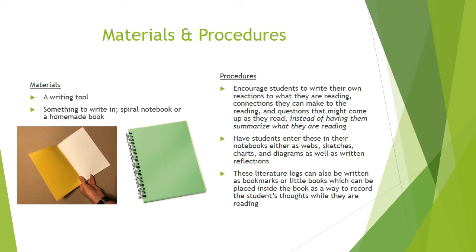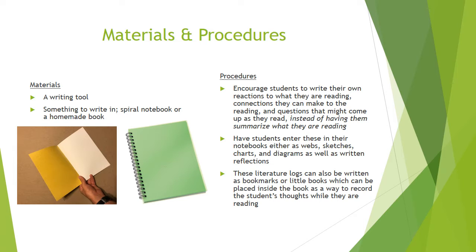So the materials and procedures for this strategy are as follows. You will need a writing tool, whether it's a pen or a pencil, something that the student can write with, and something to write on. They can use a spiral notebook like the one shown in the image, or they can make their own homemade book.